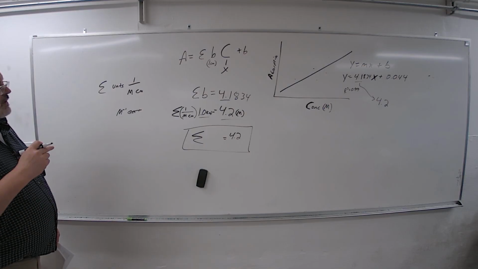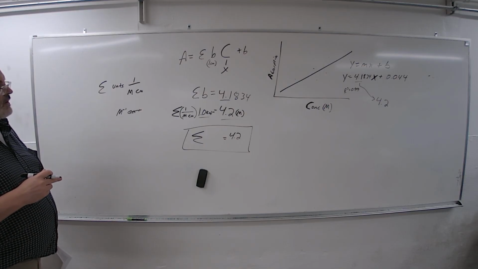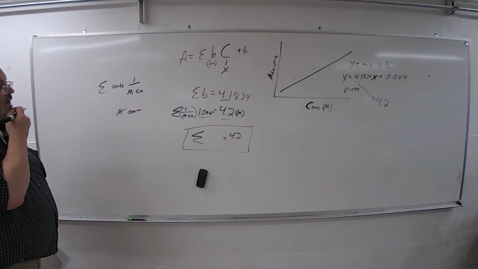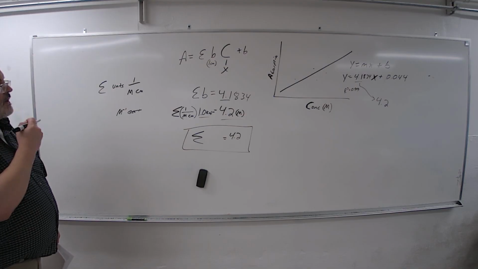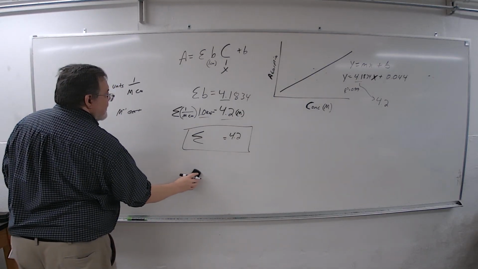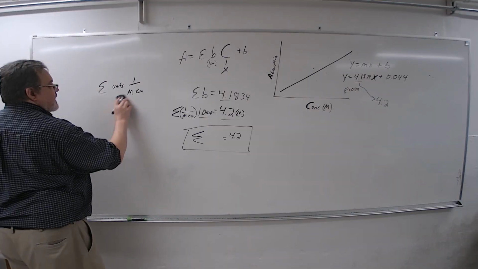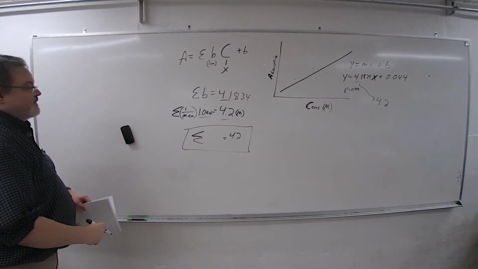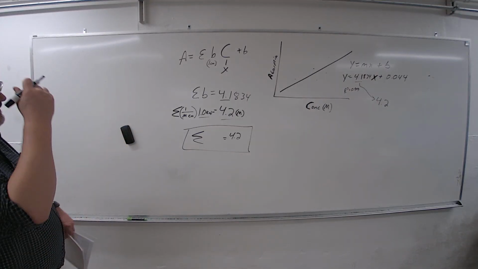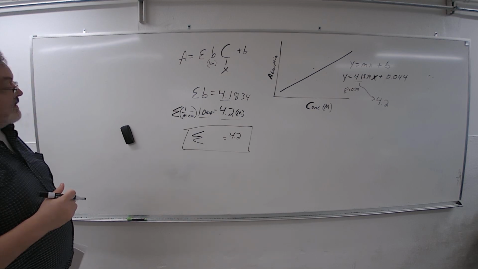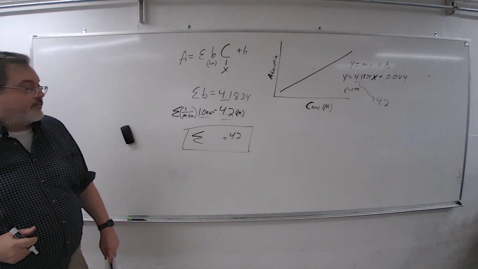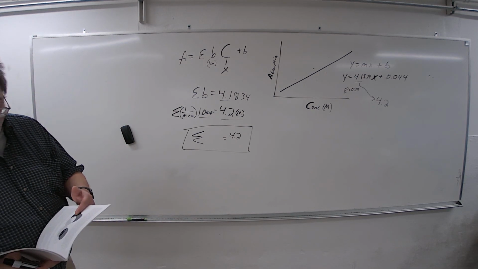Anyway, I don't know what I'm doing weird with the units, but what you're finding is 4.2 for your molar absorptivity in your case. Molar absorptivity is literally just this to 2 significant figures. Why are the units going wrong?